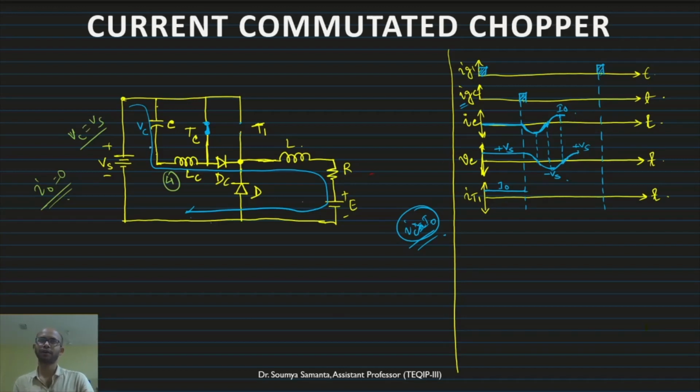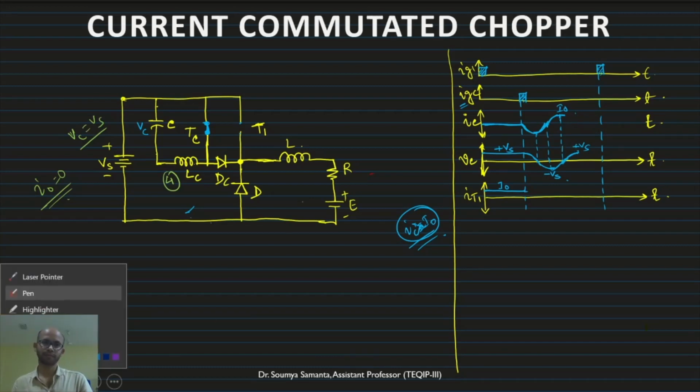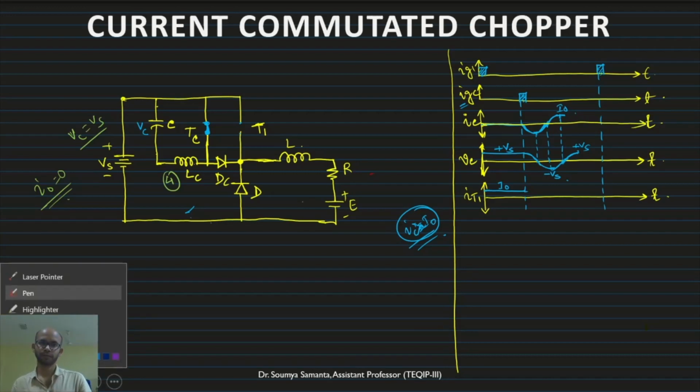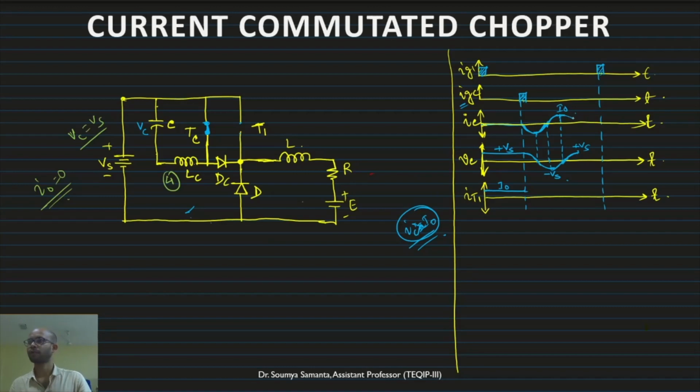What will happen? As a result, the current through the load, that is I naught, will start decreasing. Draw the axis. This part.